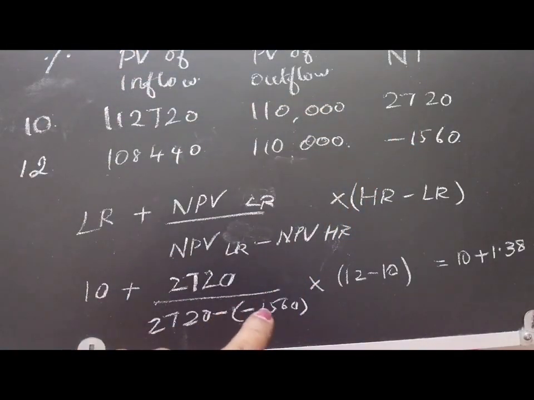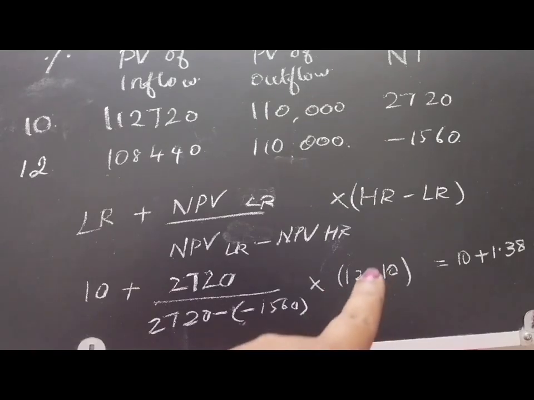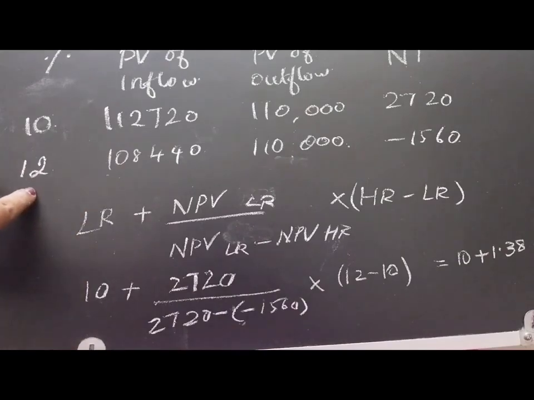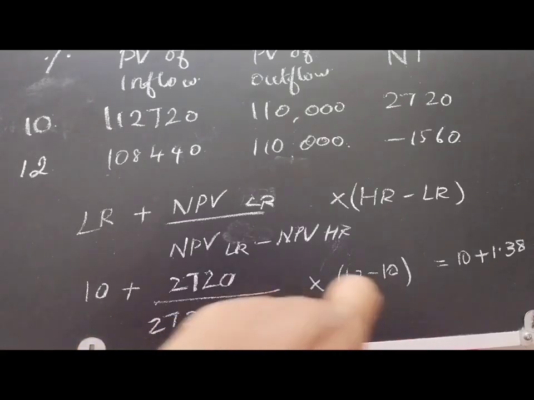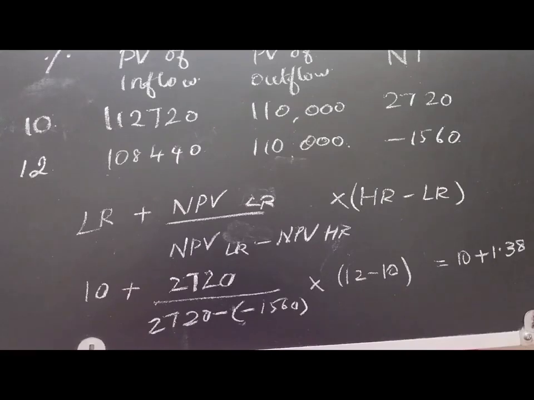So minus of minus 1560 gives 2720 plus 1560, into 12 minus 10. So higher rate is 12 and lower rate is 10. After solving this, we get 10 plus 1.38. So 11.38 is the IRR.